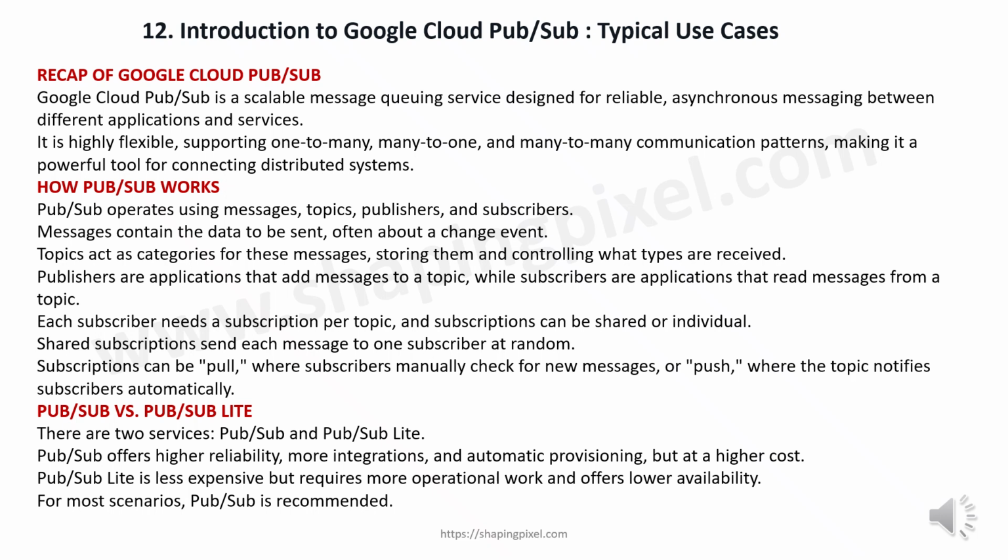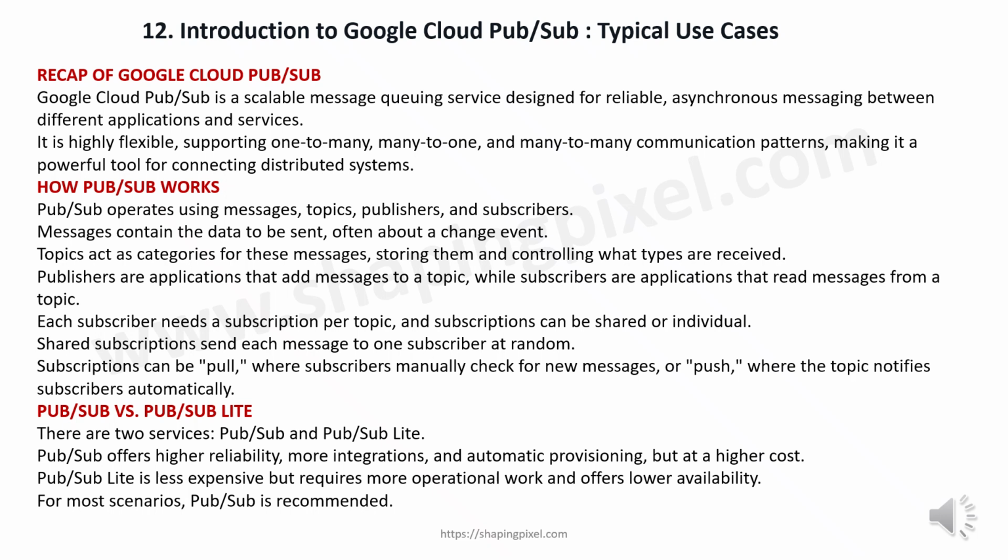PubSub operates using messages, topics, publishers, and subscribers. Messages contain the data to be sent, often about a change event. Topics act as categories for these messages, storing them and controlling what types are received. Publishers are applications that add messages to a topic, while subscribers are applications that read messages from a topic.